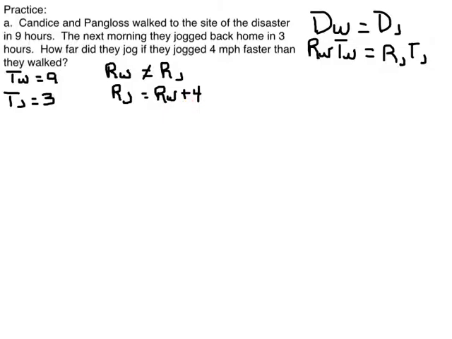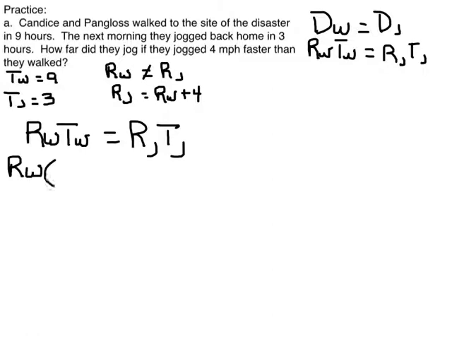Alright, so now that we know all that, let's go in and set up and substitute in. RW/TW equals RJ/TJ. Substitute in what we know. We're going to be solving for RW, and TW is 9, equals RJ is RW plus 4, and TJ is 3.